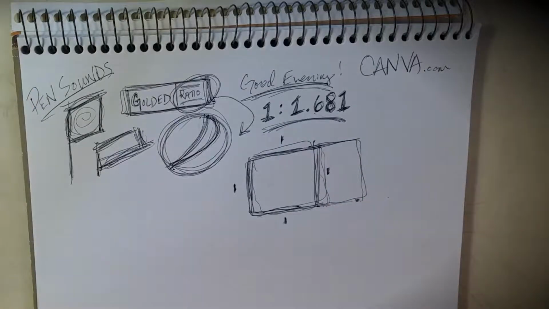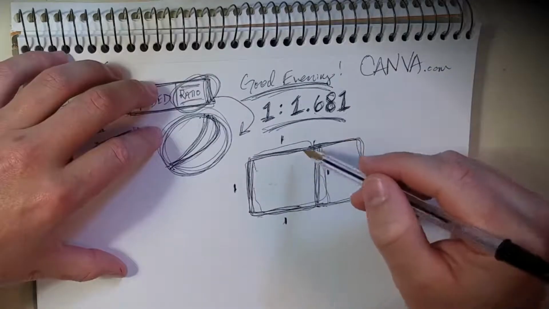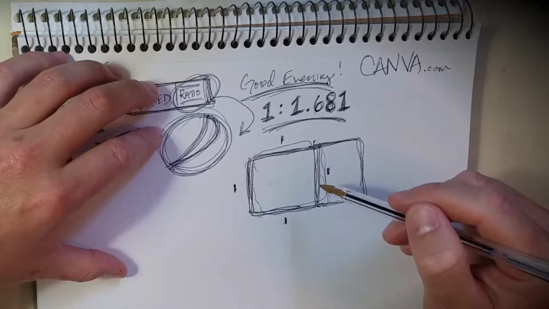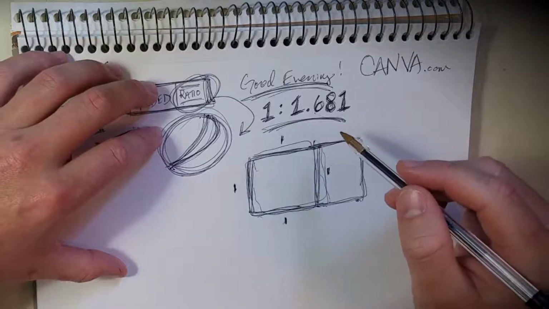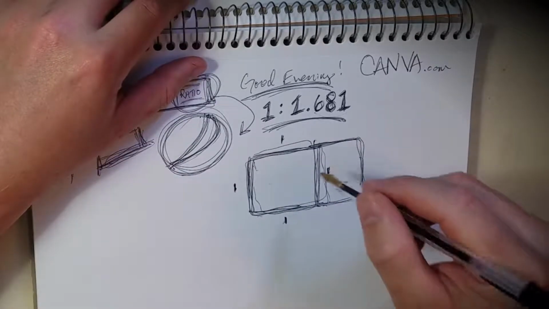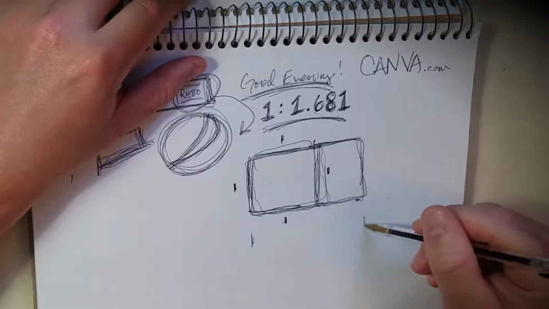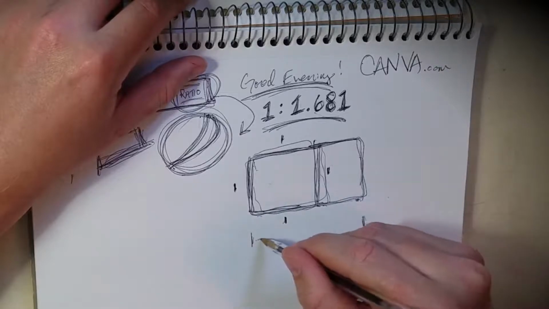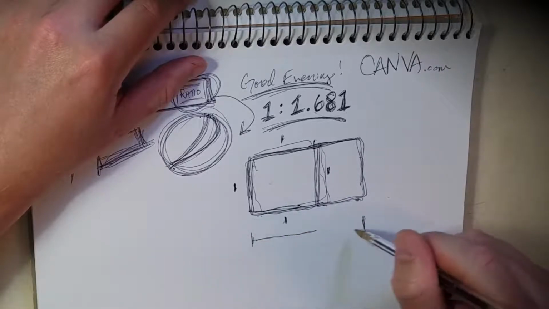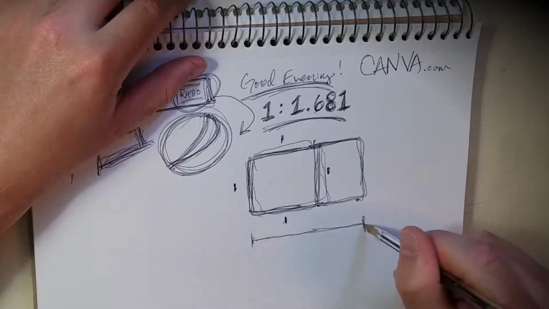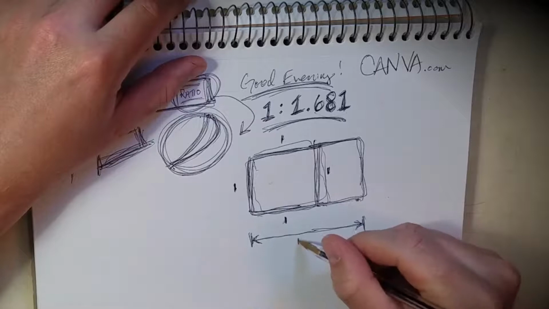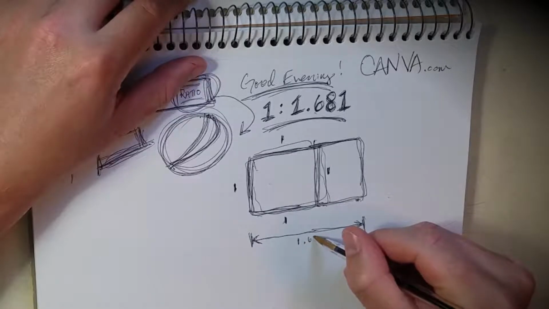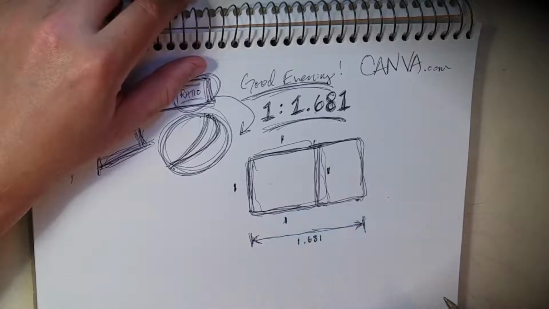Let me move the mic. We have a square with sides of 1 unit. And now we have a rectangle that we kind of superimposed on top, and its total length is 1.681.